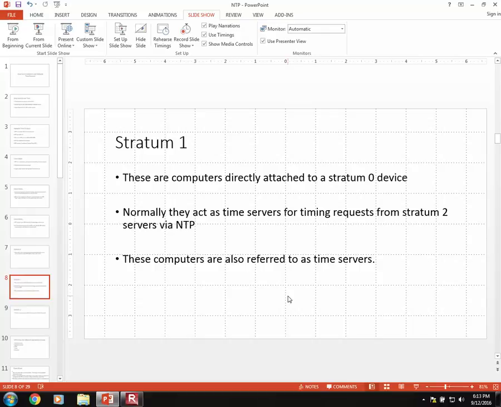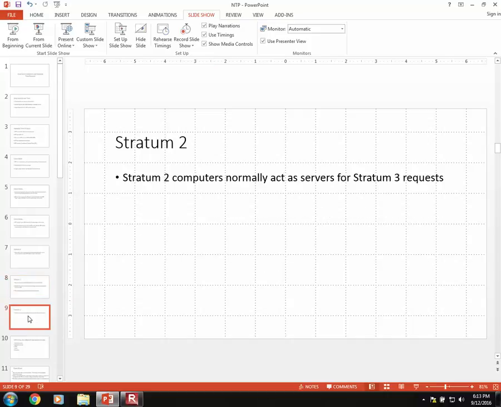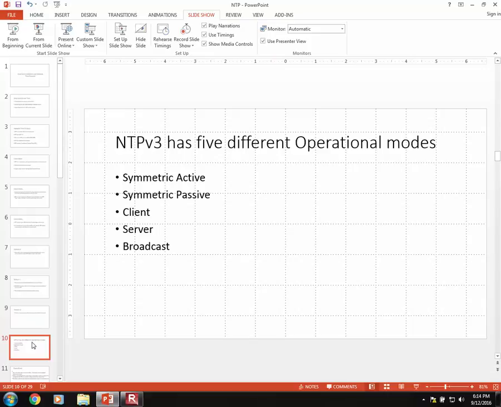These computers are also referred to as your network time servers, because they'll be serving time to stratum 2 devices, and those stratum 2 devices will serve time to stratum 3, and so on. Stratum 2 computers normally act as servers for stratum 3 requests, and of course this goes on and on.